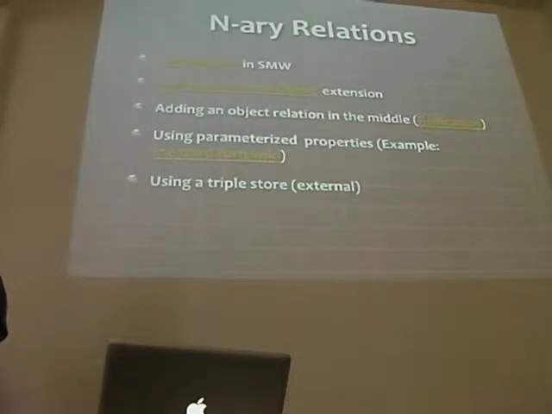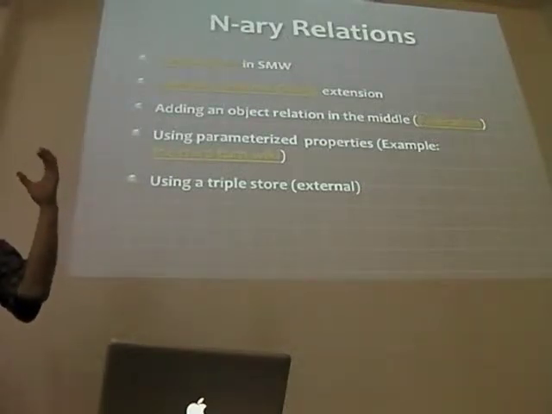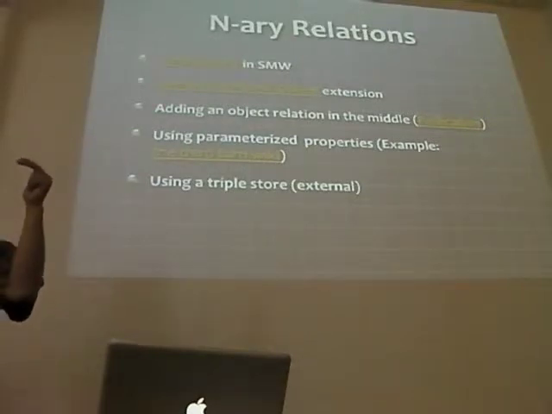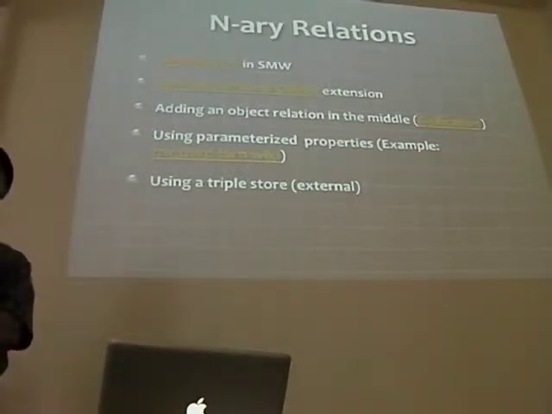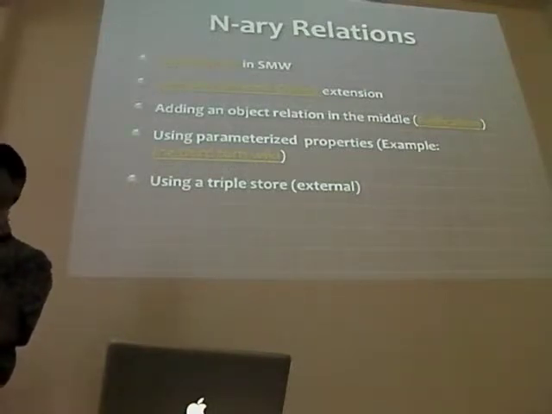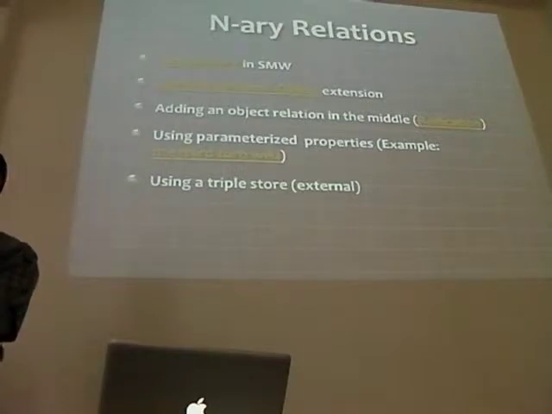You add a relationship in the middle. I'll give an example. If you have a relationship like A serves as the chairman of organization B, or organization X. Then there's A is chairman and also organization X. It's like a three-way relationship, right?